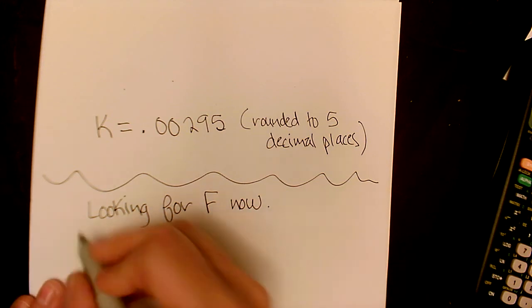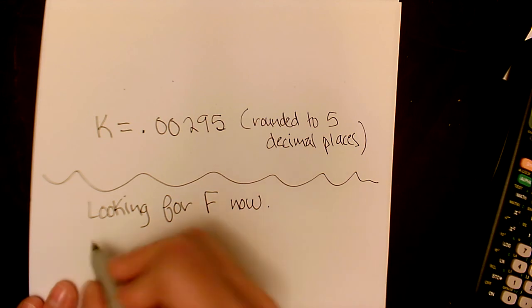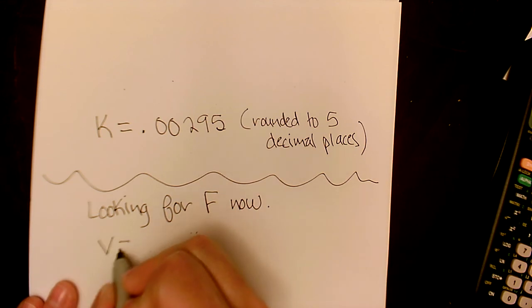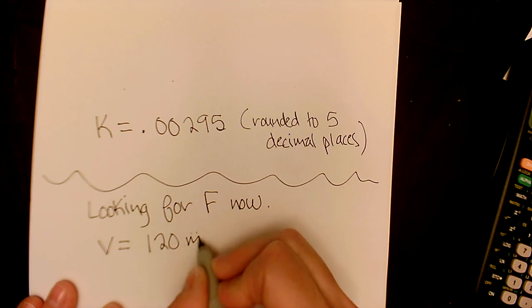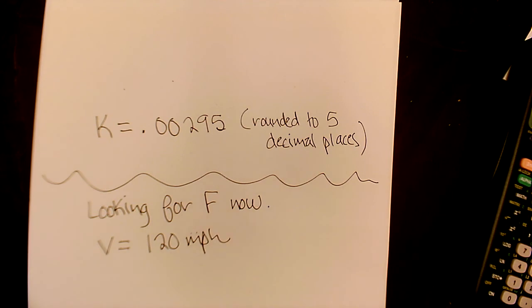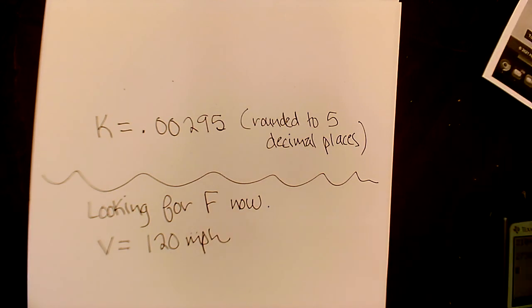They're giving us a new velocity or speed. So we know V is now 120 miles per hour.